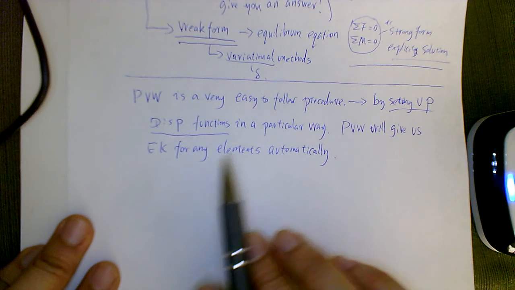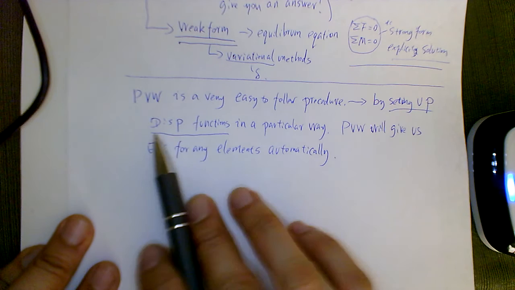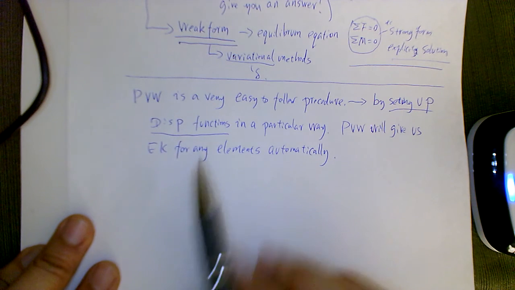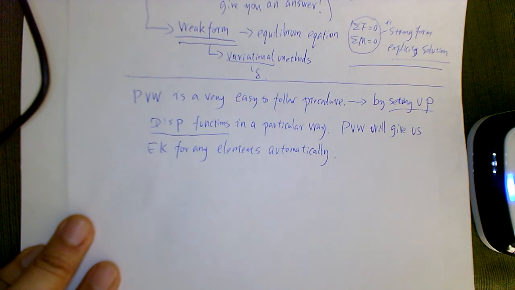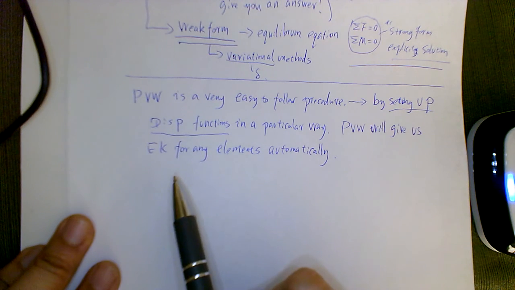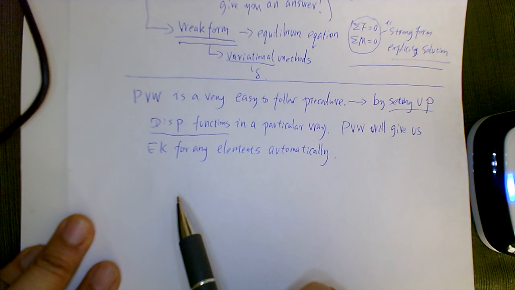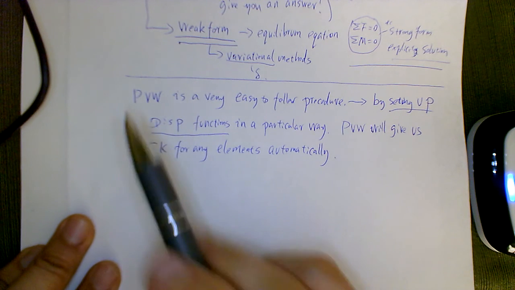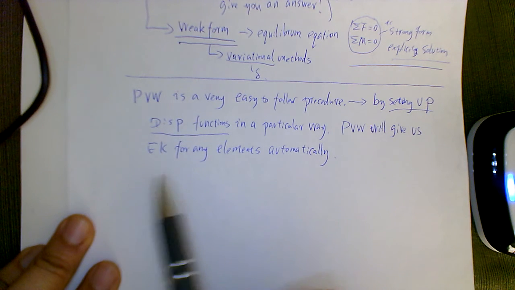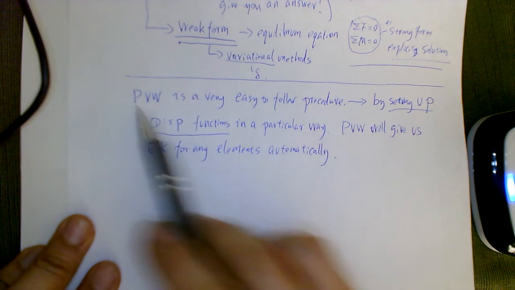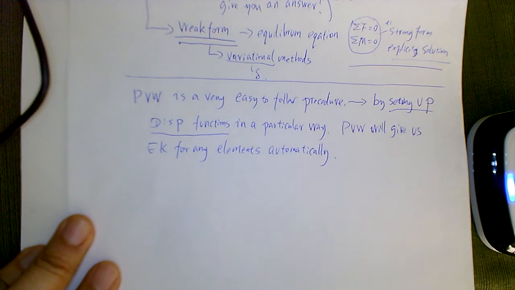The way we're going to learn it, we're going to learn some classic ways to set up displacement functions. We're going to go with the bar and the beam. We're going to redo those, and then you'll see the beauty of this. And at the end, we're going to use this to derive a 2D element, which is the simplest 2D element you could ever imagine.